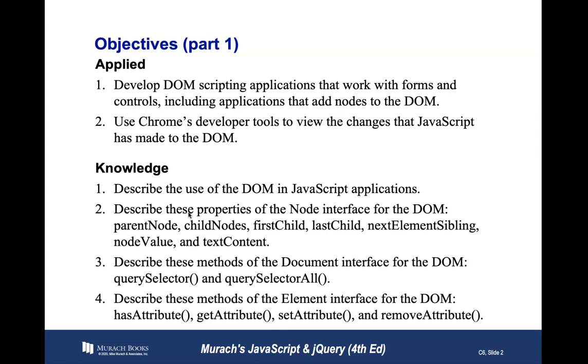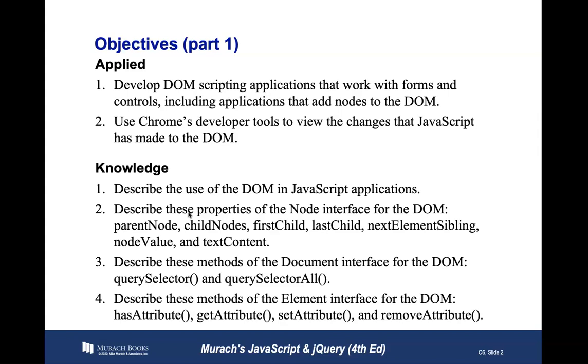We know that ULs contain LIs, if you're familiar with the unordered list, of course. So that is where we get parent-child relationships. So when you hear something like parent node and child nodes, those are all elements that are related to each other, but based on the document object model, because that is what tells ULs to contain LIs. Now, you'll need to see this, of course, but that's kind of a nutshell of what we're going for.